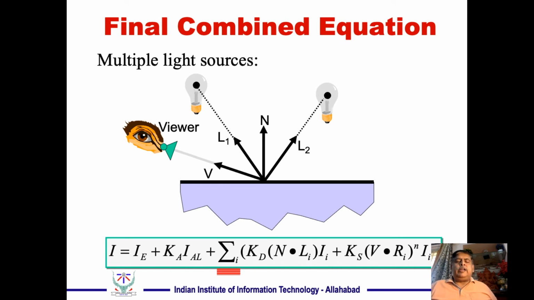So here you have a reflected beam. Each source will have a different reflected beam, which will be a different Ri depending on Li. So this equation is modified, and a summation term is added for multiple light sources.